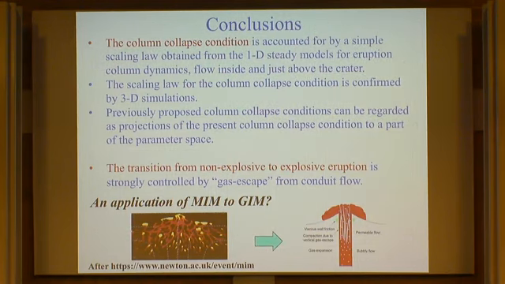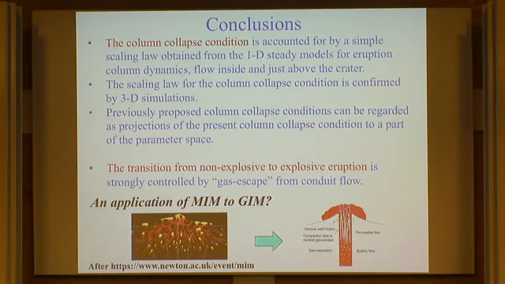I talked about two topics related to the diversity of eruption style. One is the ground collapse condition, and that condition can be accounted for with a simple scaling law obtained by the 1D model. And that scaling law for the ground collapse condition is confirmed by 3D simulations.